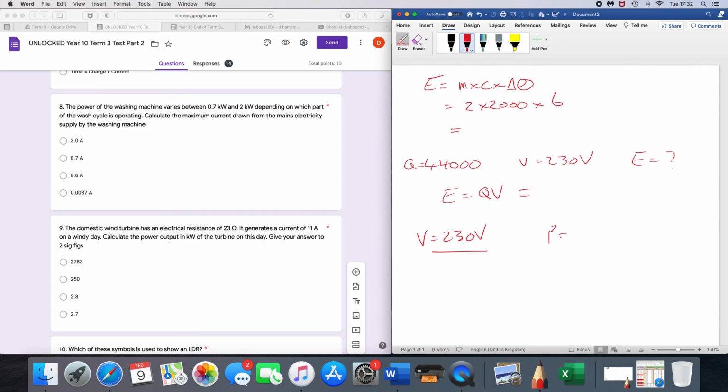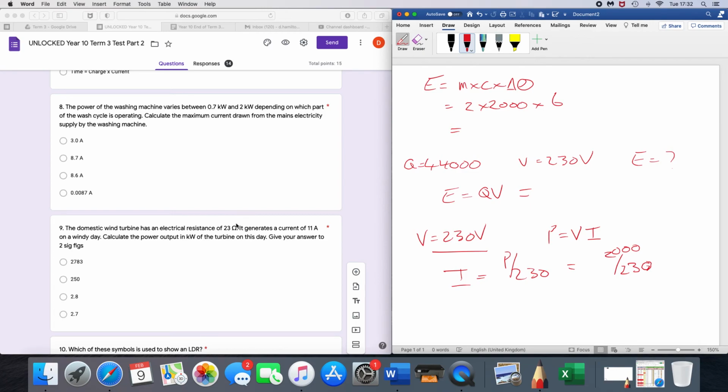You need to know that power is V times I. So the current then is the power divided by 230. So if you divide 2 kilowatts by 230, then the answer you will get is 8.7 amps. So the answer is B.